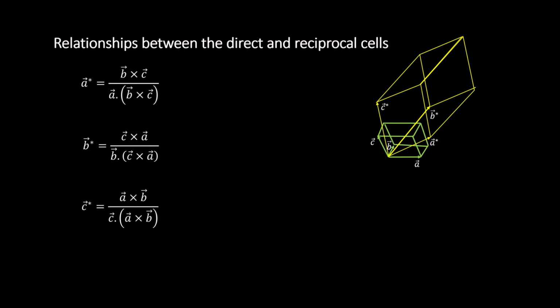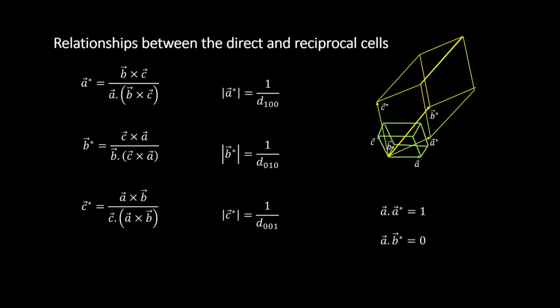The denominators are basically the same and it is the volume of the direct lattice unit cell. Note that in accordance with this definition, the length of A star is the inverse of the interplanar spacing D100, and B star is 1 by D010 and C star is 1 by D001.